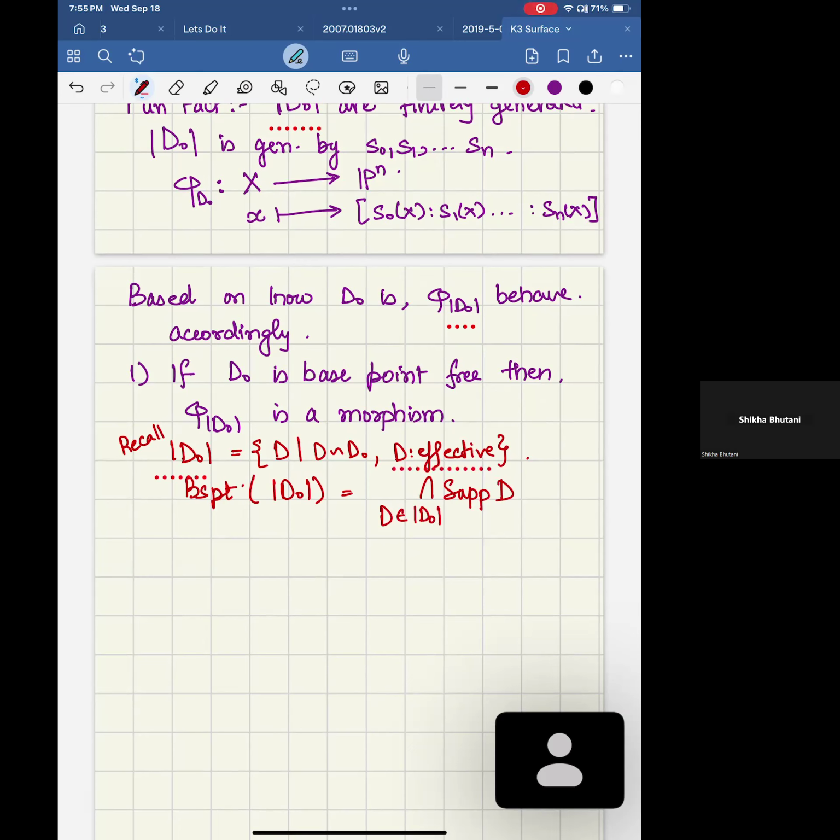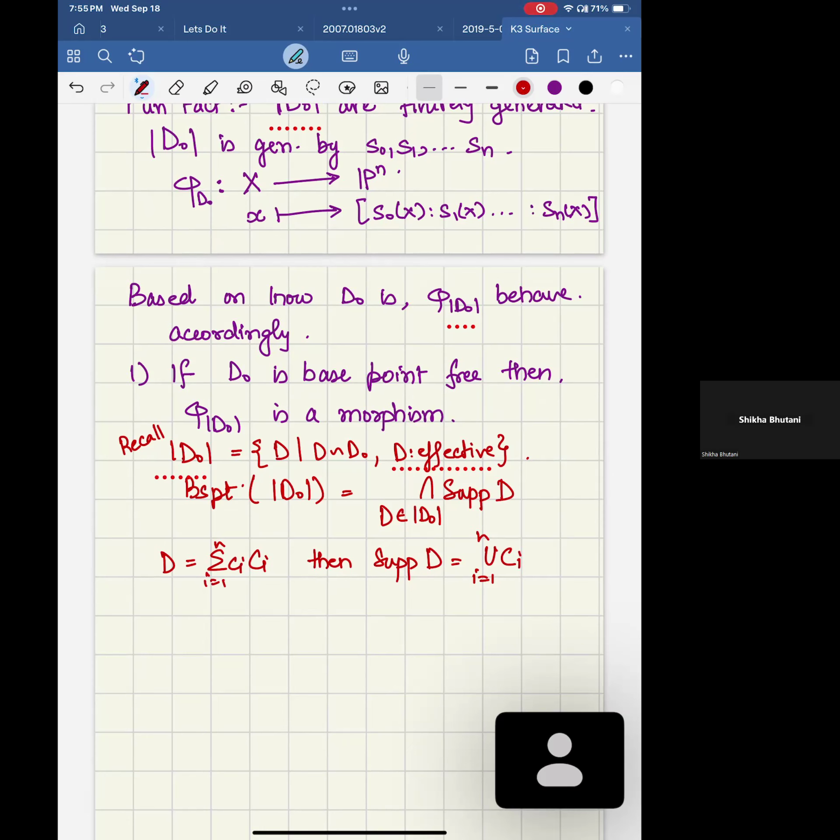What is the support of a divisor? If D is the summation of Ci times capital Ci, then the support of D is the union of all these Ci, i from 1 to n. So you take the set-theoretic intersection of supports of all the D coming from the linear system of D naught, and you call it the base points of this linear system.